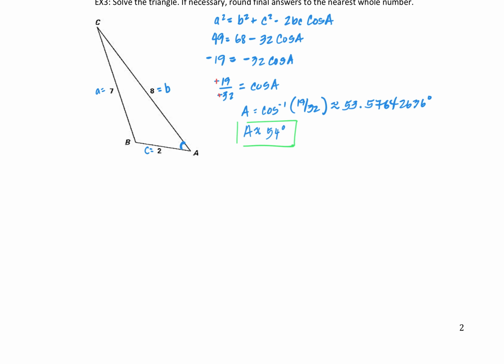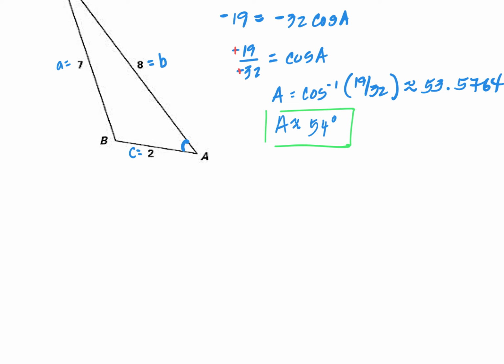So let's look at this. This would be 54. That makes sense, I guess. We'll have to see when we get our other values.